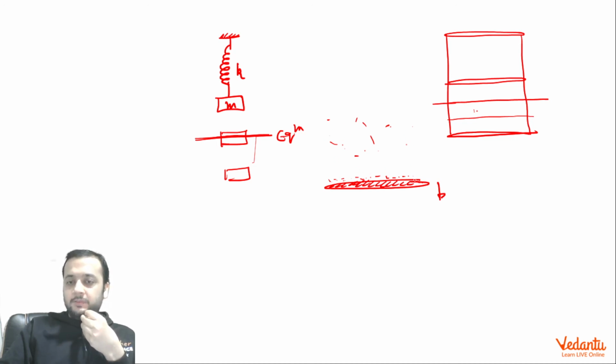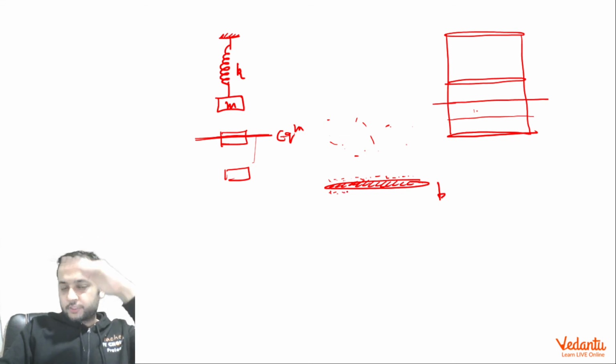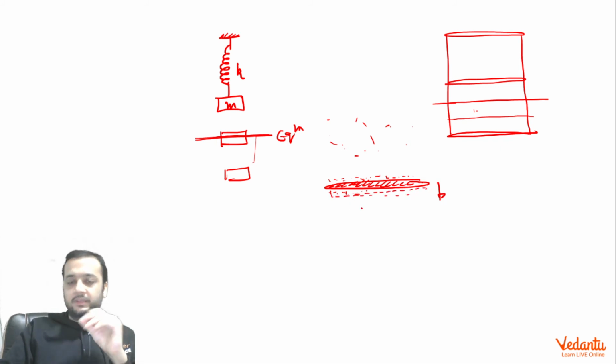So here pressure will be less, and the opposite will happen on the bottom side. Here the piston is pushing the gas. So basically here the density of the gas will be slightly more in this part compared to the bulk of the bottom. This will result in a drag force on the piston.